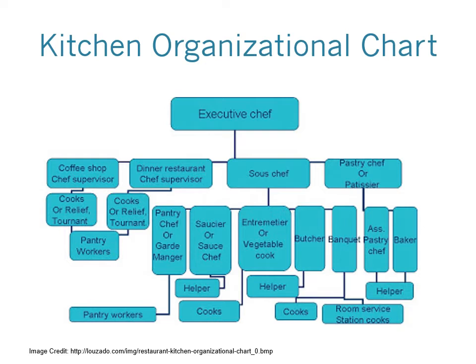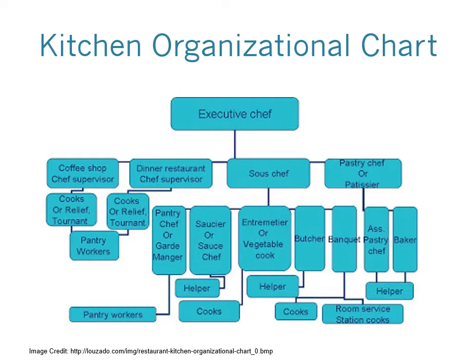Underneath that, okay, for example, the sous chef is responsible for the pantry chef, the saucier, the vegetable cook, the butcher, and the banquet supervisor. Okay. On the other hand, the sous chef is not responsible for pantry workers based on this diagram, or the baker. Okay.